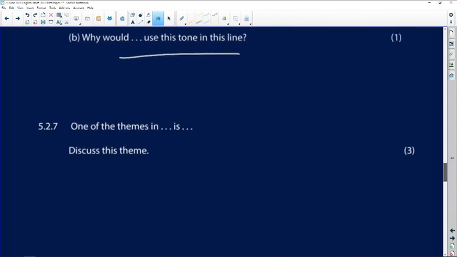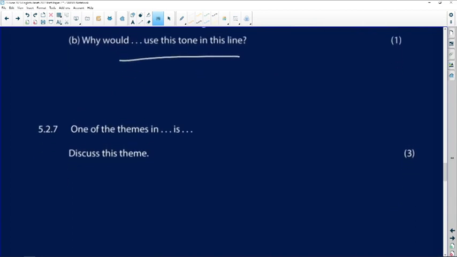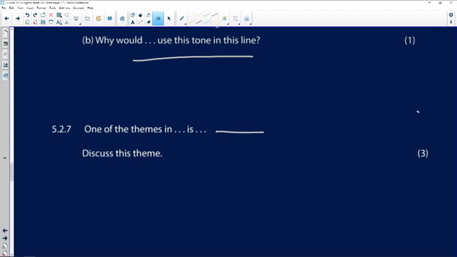Then one of the themes is, so now you're going to have to decide on the themes of the story. And you're going to have to say a theme is racism, and then discuss the theme. And remember, it's 3 marks for that.